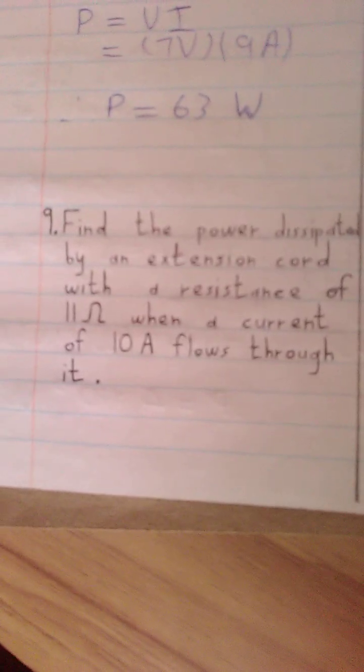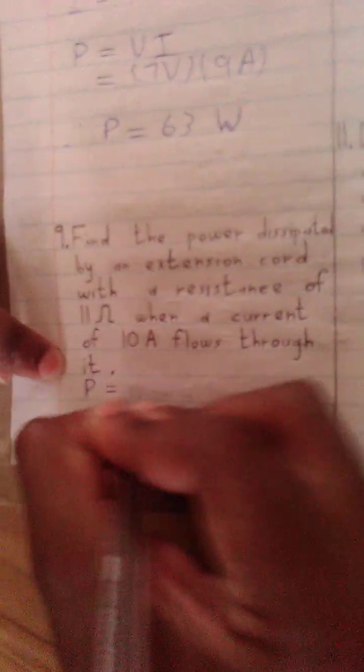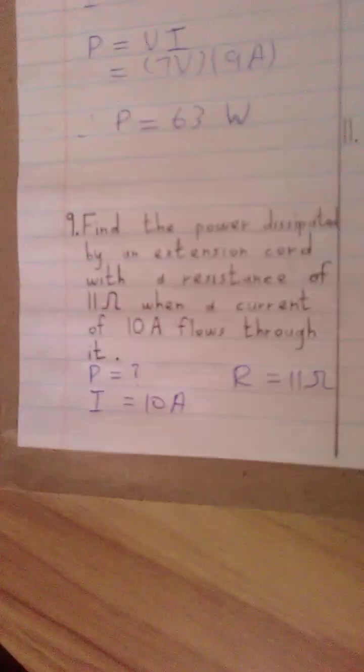Number 9 states, find the power dissipated by an extension cord with a resistance of 11 ohms when a current of 10 amperes flows through it. P is unknown as usual. We have this, so the resistance is 11 ohms. Current is 10 amperes.